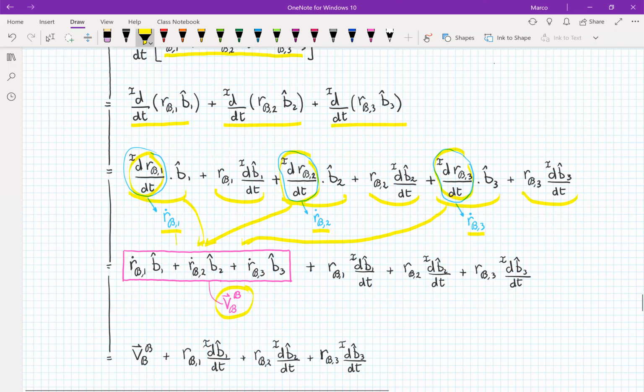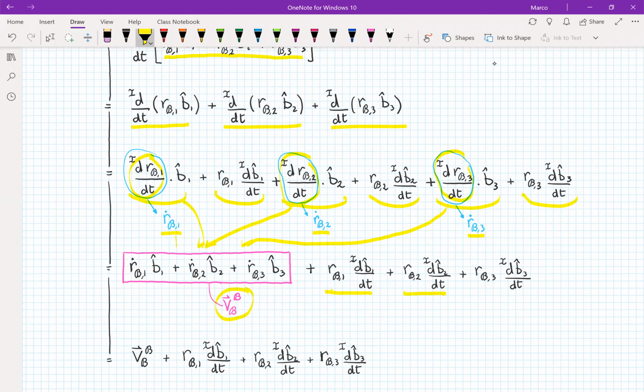Now, what about the remaining 3 elements of this expression? Well, we have these 3 derivatives, but these are not 0 anymore, because what we're looking at is the change of the 3 versors, b1, b2, and b3, with respect to time, but now seen from the inertial frame of reference perspective.